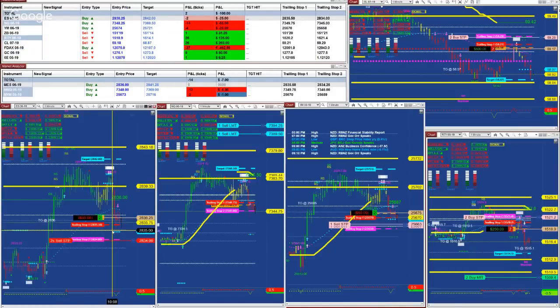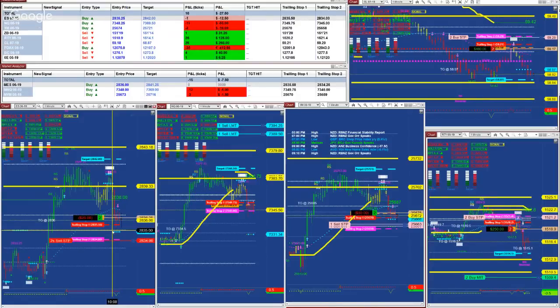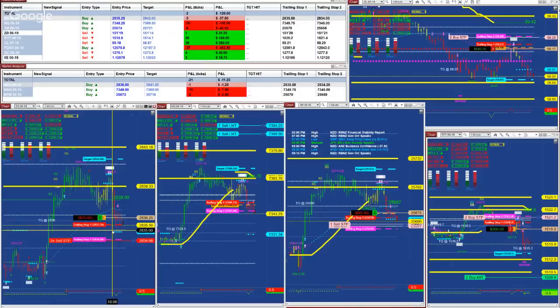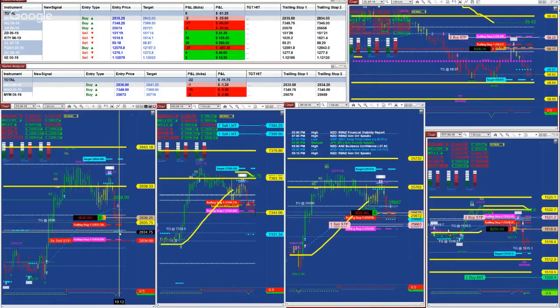Why? Because right now we are about to have a signal on the NASDAQ. Even if the NASDAQ goes by itself, if this ES is not going to break 28.35, then it's going to cause chops on the ES, the NASDAQ and the YM.